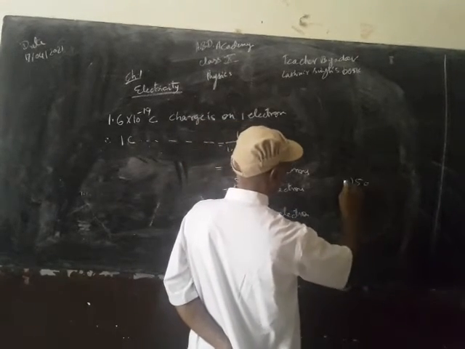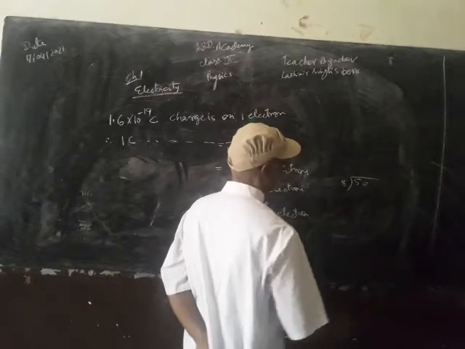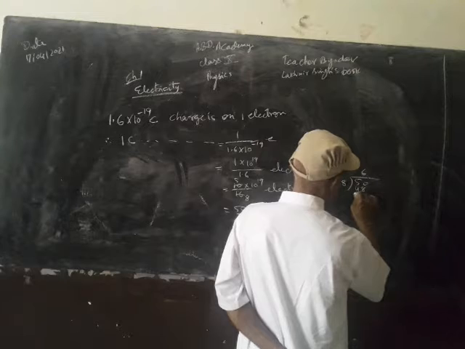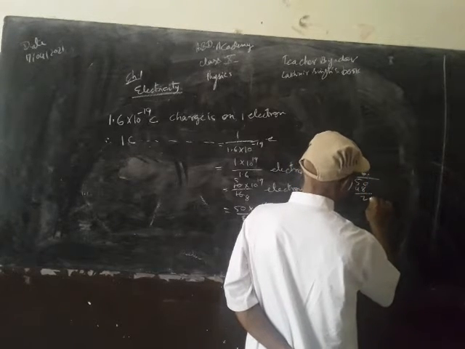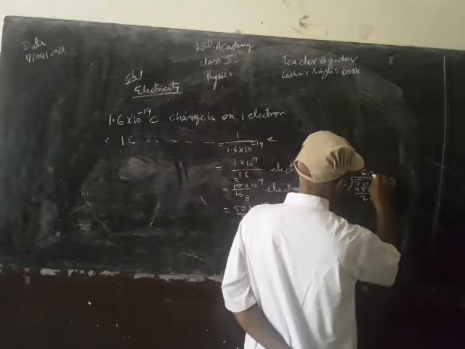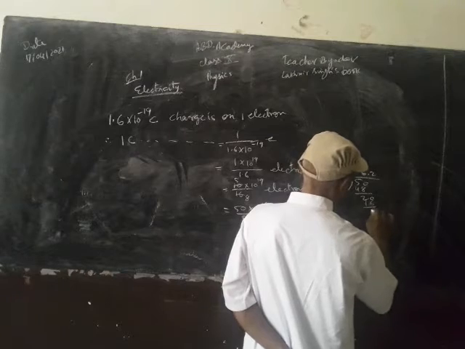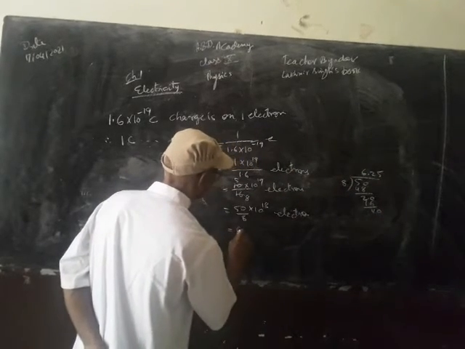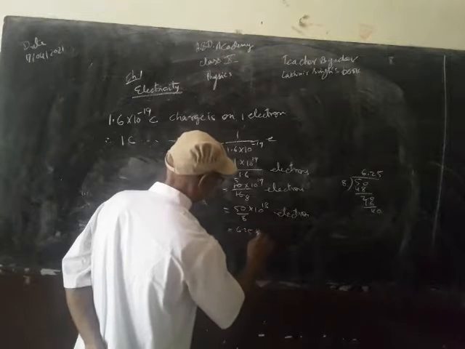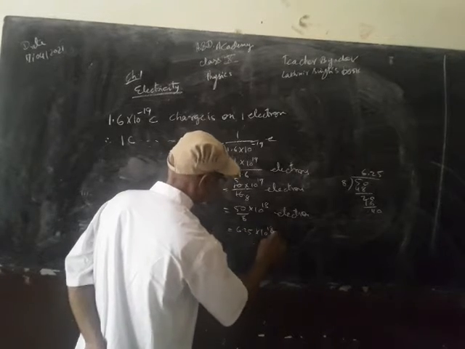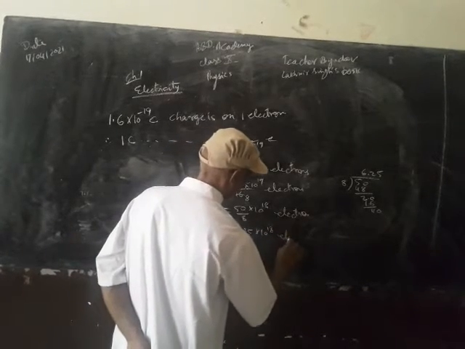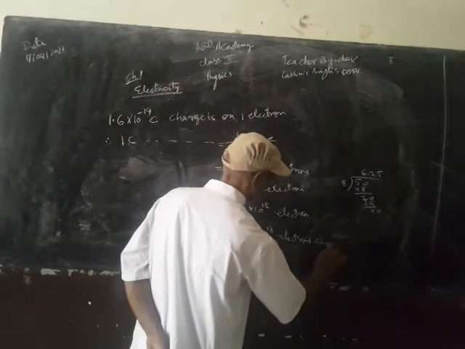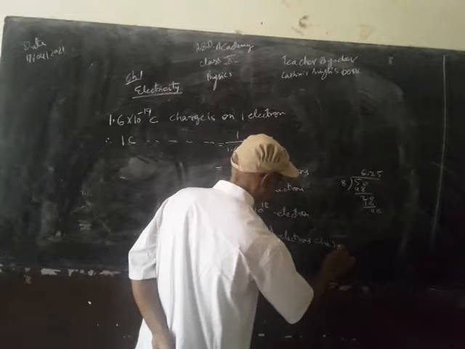Divide 50 by 8, you will get 6, 48. 2 is here, 1 0 carries, 8 2 16, 4 0 5. So it becomes 6.25 into 10 to the power 18 electrons. The charge is 1 coulomb.